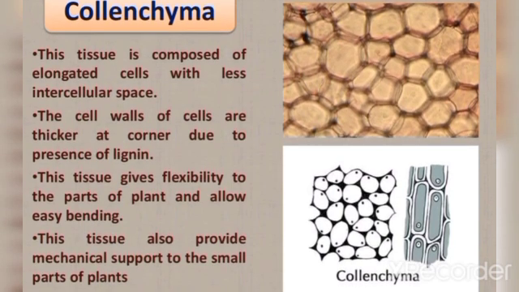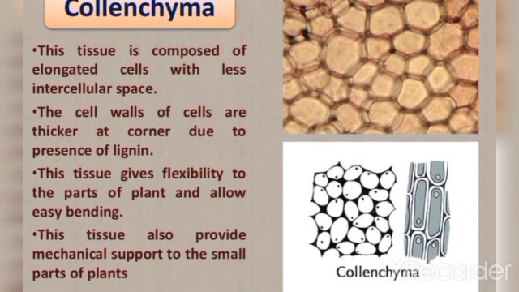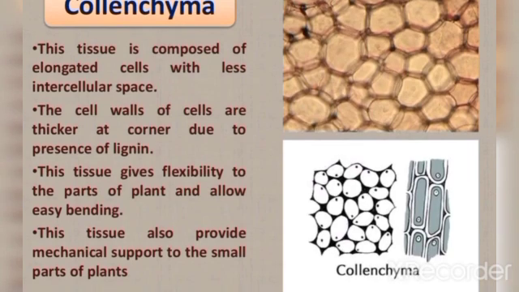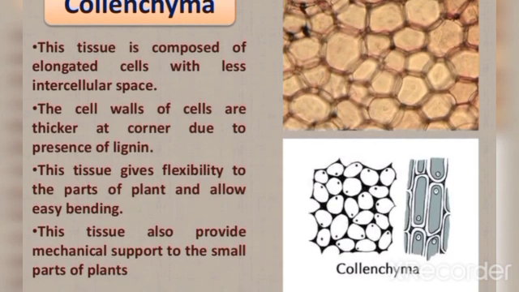It shows many features of parenchyma, but is characterized by a deposition of extra cellulose at the corners of cells. In collenchyma, intercellular spaces are generally absent.